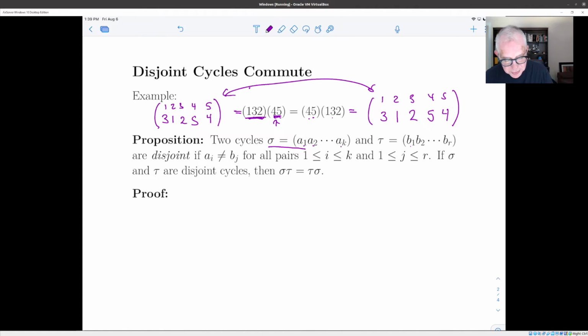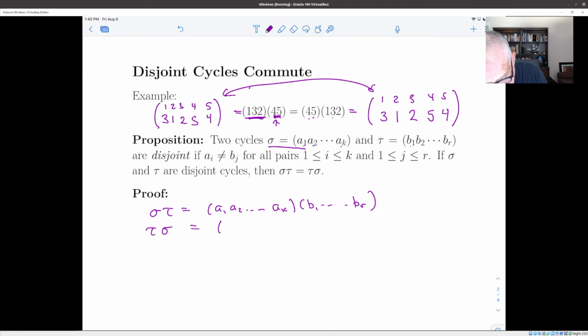And why is this true in general? Well, the idea of the proof is pretty much what we just went through. So let's compare sigma tau, which is (A1 A2 out to A sub k)(B1 out to B sub r), and tau sigma, which is (B1 up to B sub r)(A1 out to A sub k).